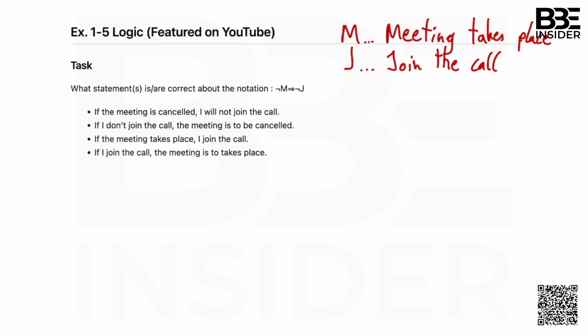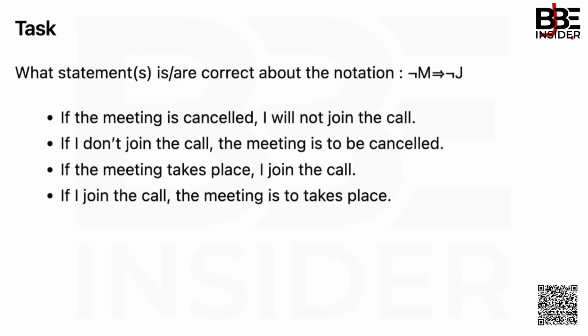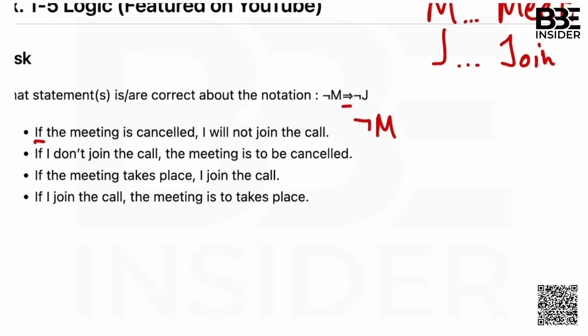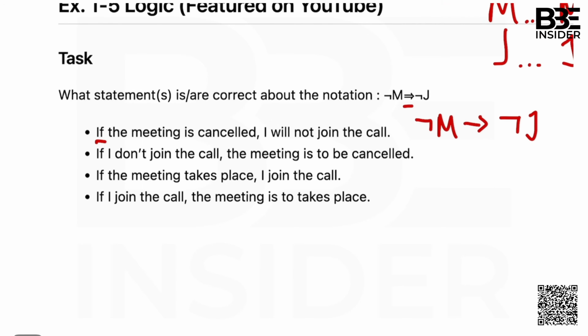As you can see, this matches with the first expression. If is the imply sign. If the meeting is cancelled, meaning no meeting, we negate meeting, I will not join the call. So, if the meeting is cancelled, I will not join the call. Once again, the operand J is negated.